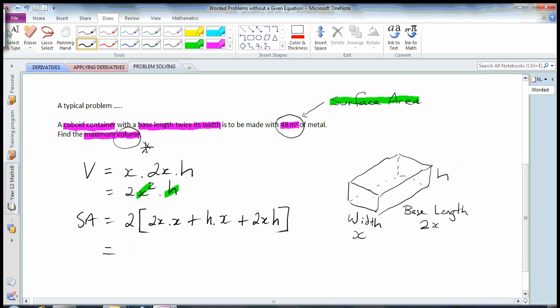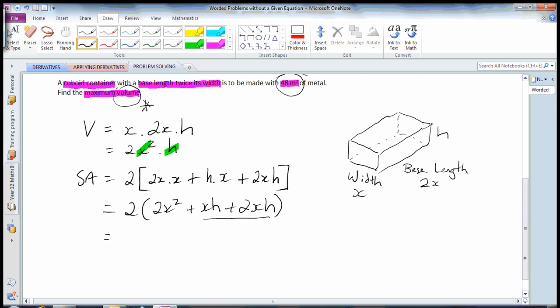So we've got 2 lots of 2x squared plus xh plus 2xh. So you can see there that we've got 3xh sitting in there. So I'll expand and simplify in the one step. So we've got 4x squared plus, we'll have 3 lots of xh, multiply that by 2, we'll get 6xh.